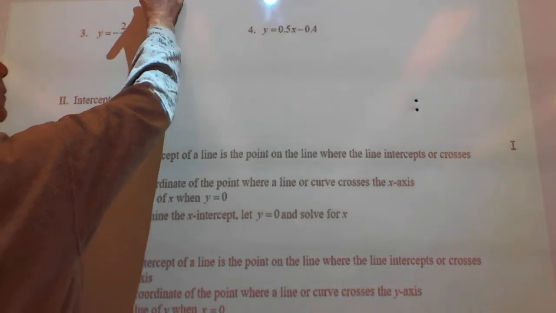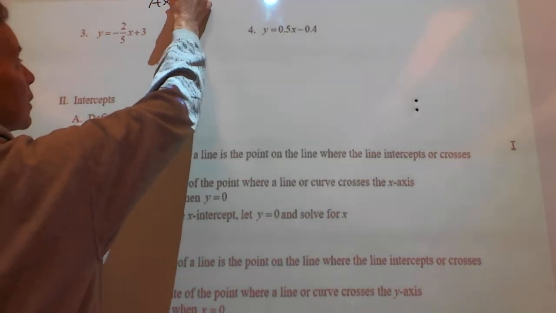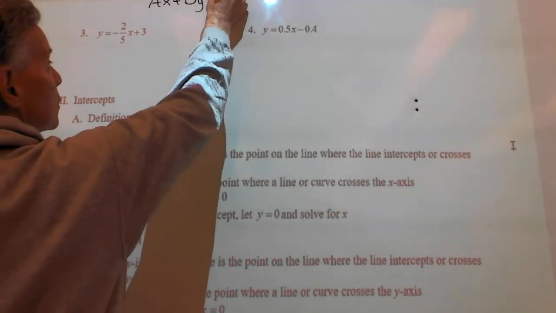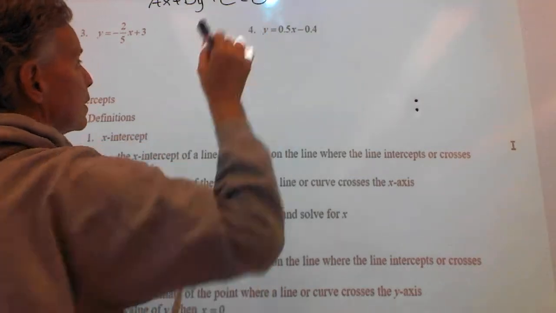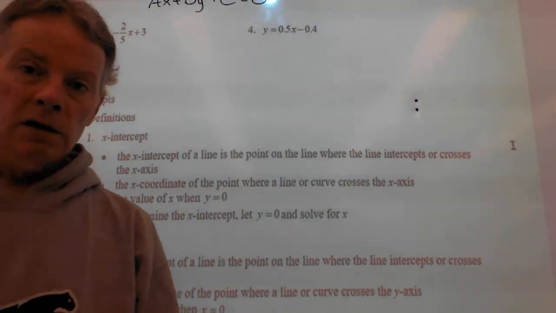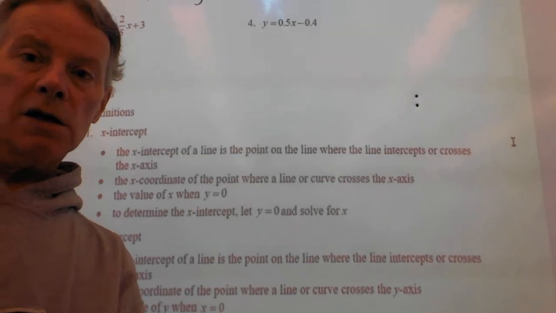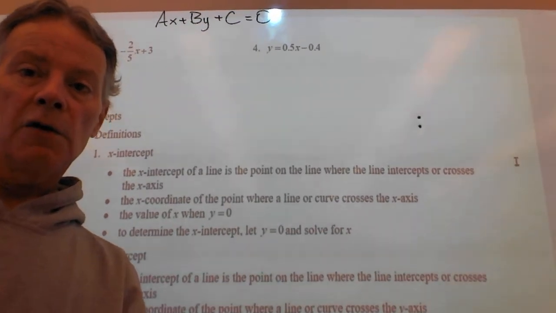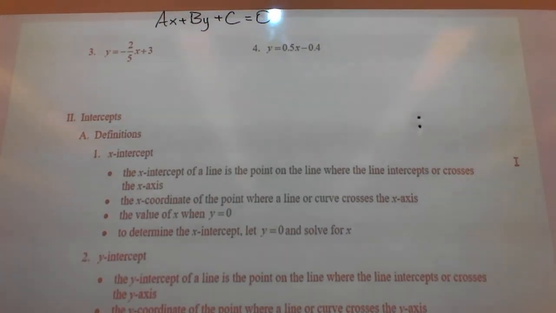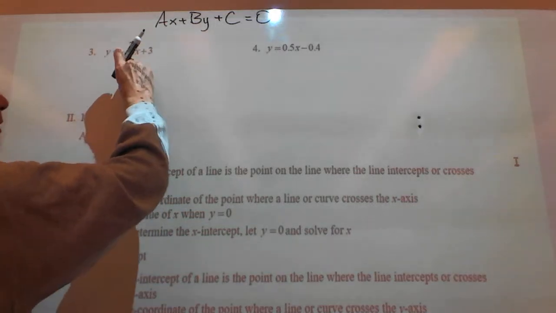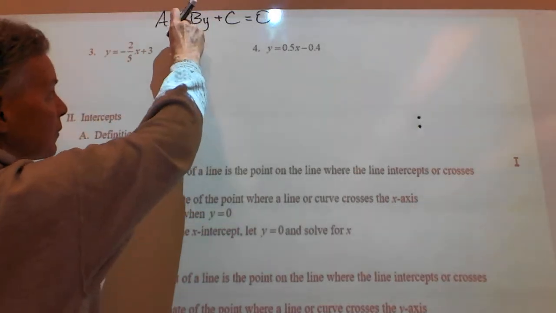Remember, general form is ax plus by plus c equals 0. Okay? So we want to take it from this form and turn it into this form.